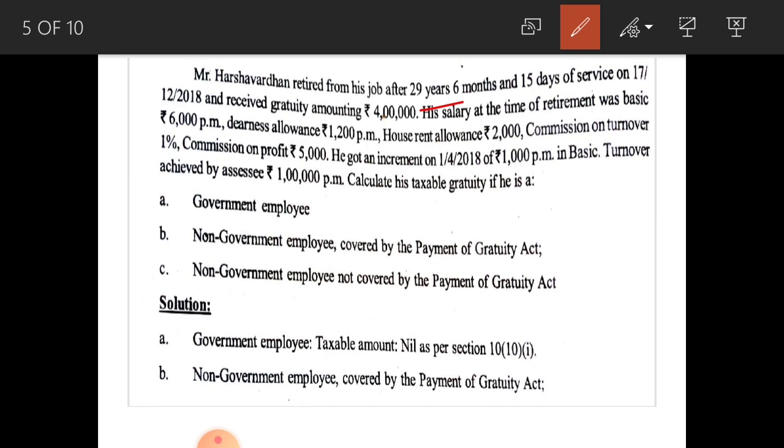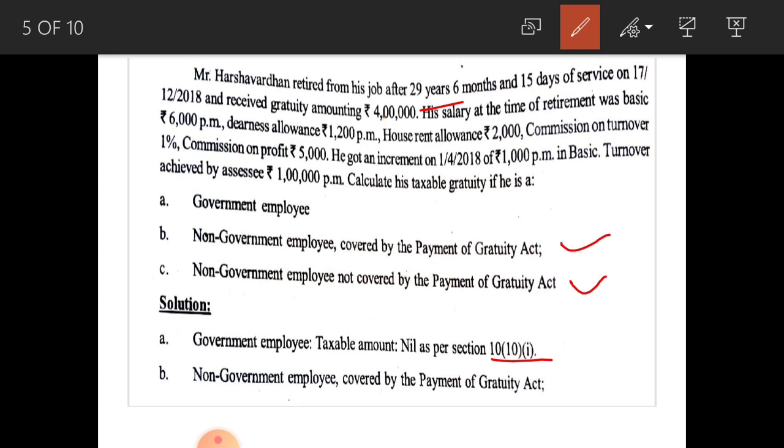And in case of government employee, it is exempted from tax, because government employee gets any gratuity after his retirement, it is fully exempted from tax as per section 10 subsection 10 clause 1. Okay, that is why you have to calculate taxable gratuity only for non-government employee covered by the Payment of Gratuity Act and non-government employee not covered by the Payment of Gratuity Act.